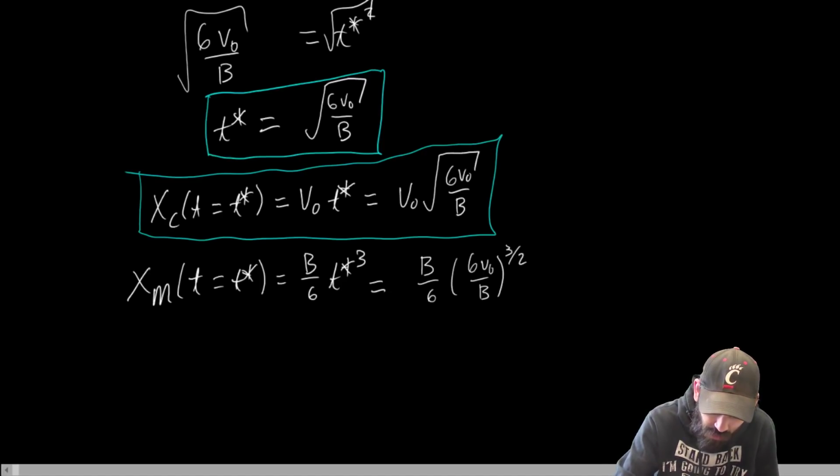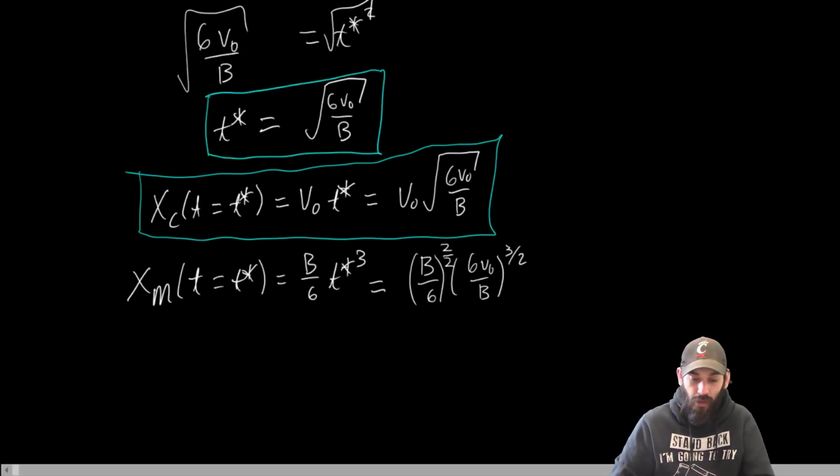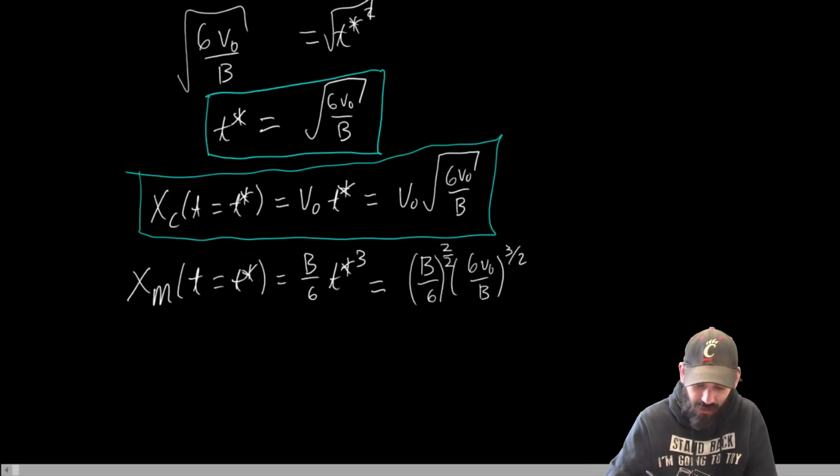So I'm going to write this, and you'll see why in a second. Really, b over 6 is b over 6 to the first. And another way that we could express b over 6 to the first is (b over 6) to the 2 over 2. Okay. Now, let's play around with this to make sure that we're getting what we want here.